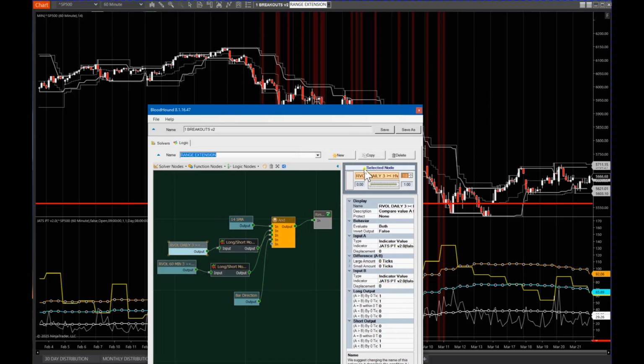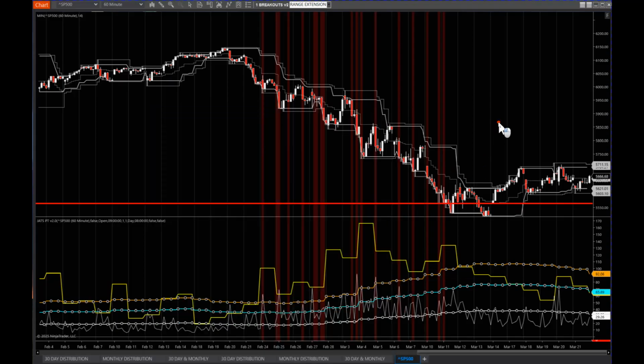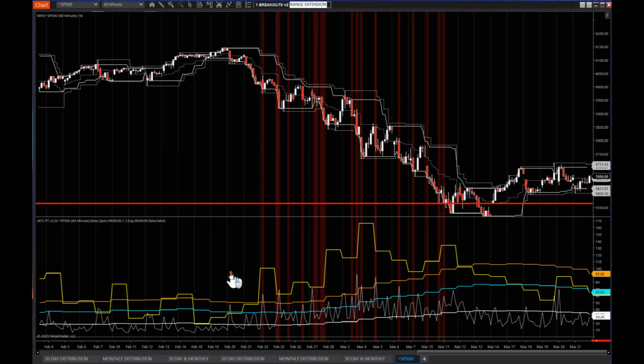And then I can require the second part of this, you see how the 60-minute 3, which is the white line, the 60-minute 1 period R vol 3 above the daily 1. So check this out.